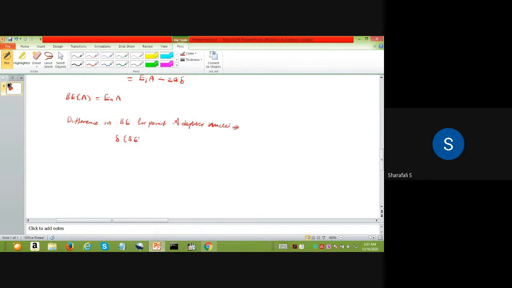Delta of binding energy will be nothing but E0A for parent nuclei, and E1A minus 2A delta for daughter nuclei binding energy, minus the parent nuclei, which has E0A. So you take A common, so E1 minus E0 into A minus 2A delta.